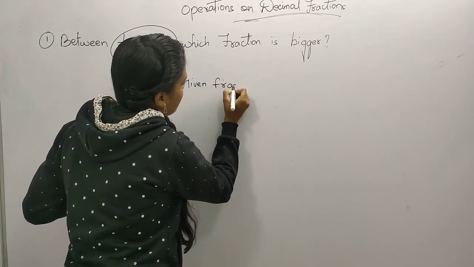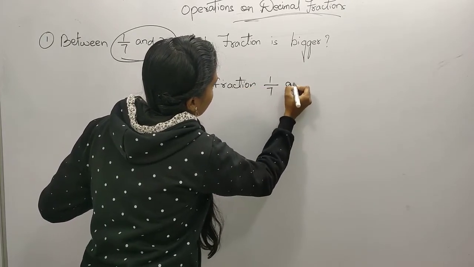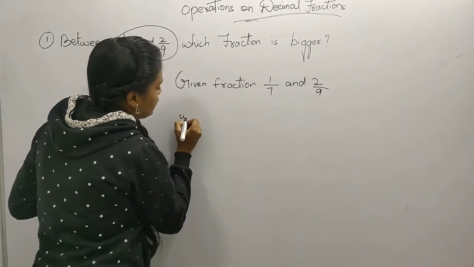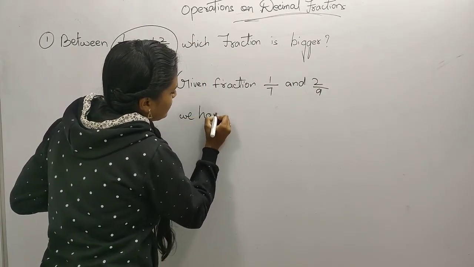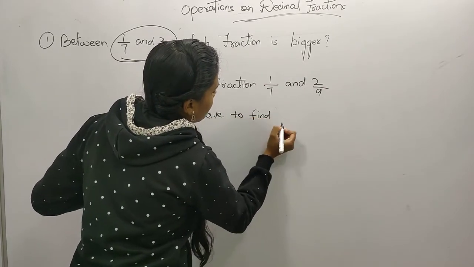Given fractions: 1 by 7 and 2 by 9. We have to find which one is bigger among those two.